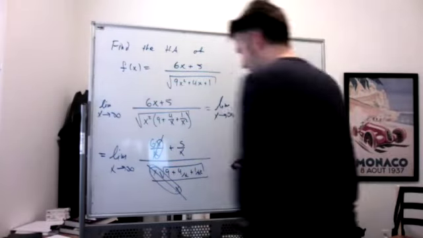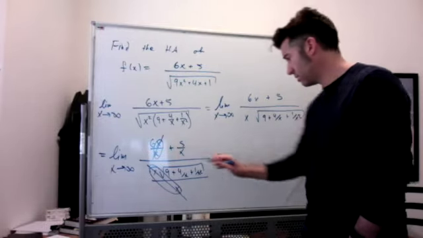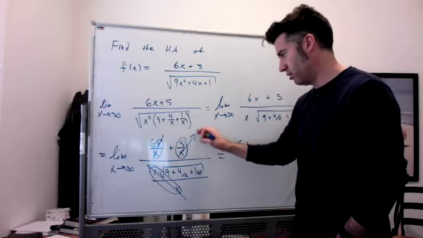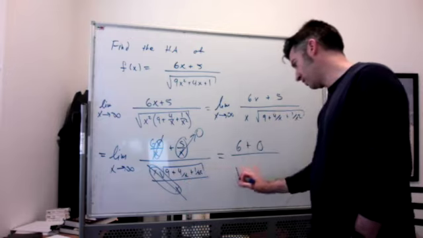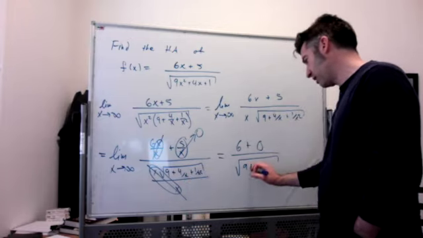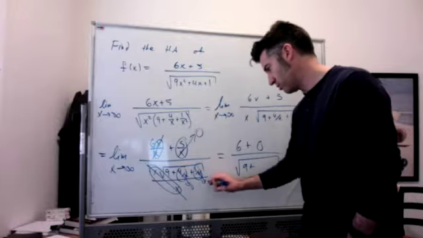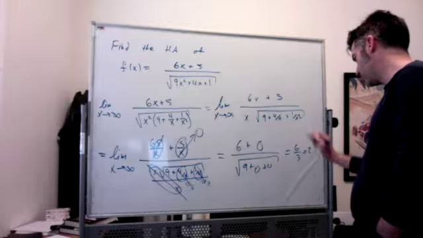And you're left with, okay, so we let x go to infinity. 5 over x gets super small. And then in the square root of 9 plus 4 over x, 4 over x gets super small. 1 over x squared gets super small. So you get 6 over 3, which is 2.